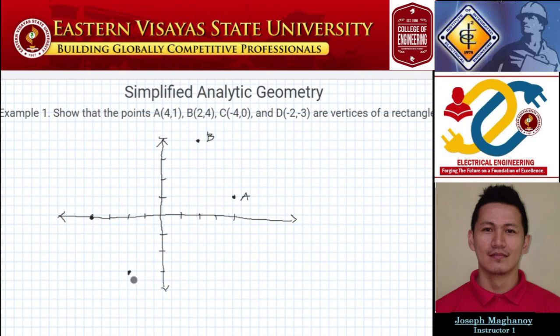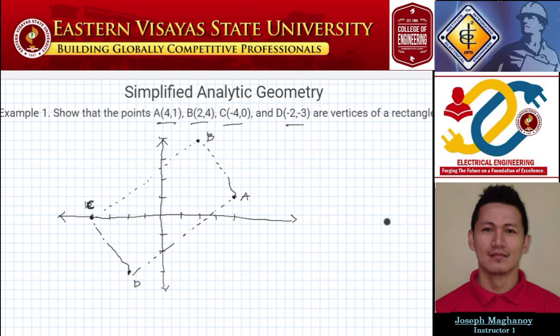So this is your D. Connecting these points from A to B, B to C, and C to D. So it's obvious that the shape is a rectangle with the vertices of these following points. To prove, you can use the slope to determine.